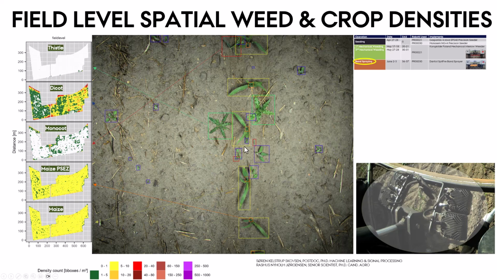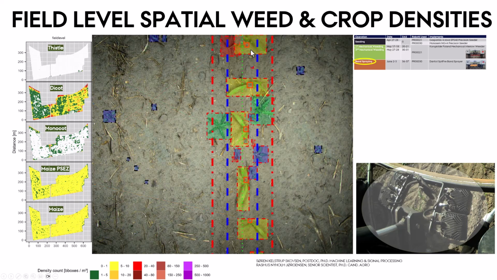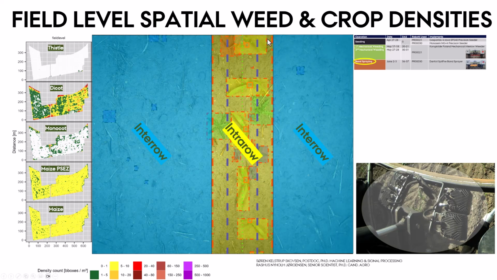But as I said, we are treating this differently. So we are treating this area differently compared to this one. This is cleaned mechanically twice, and then we are band spraying this area. So we also should separate the two if we should, at least that's a claim, make wise decisions on how we should do the weed management.